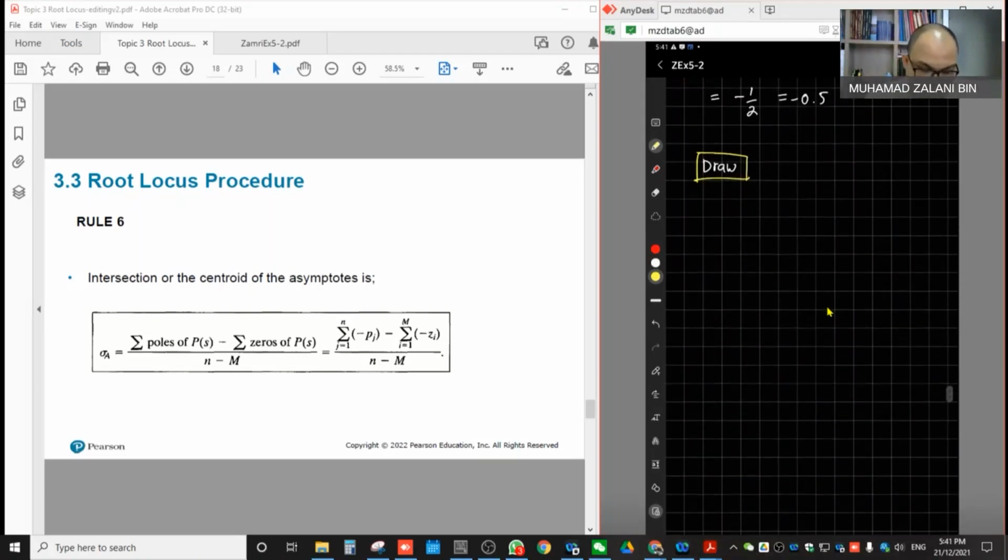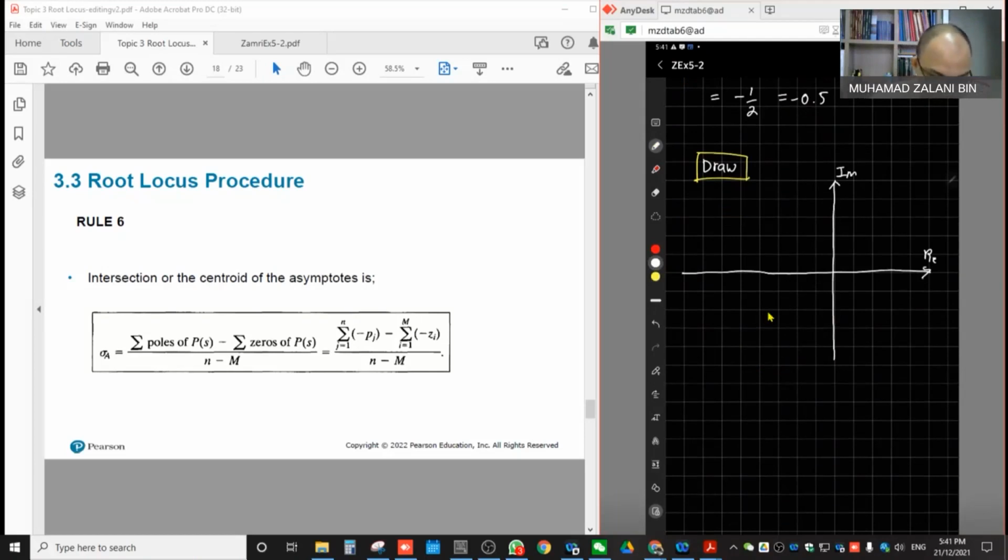So let's have a check through our drawing. We can just draw the axis first, which is j omega, the imaginary axis, and this is the real axis.